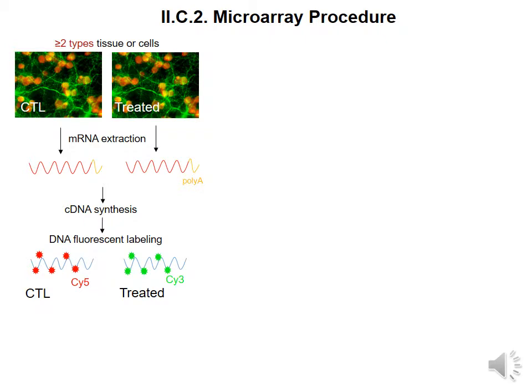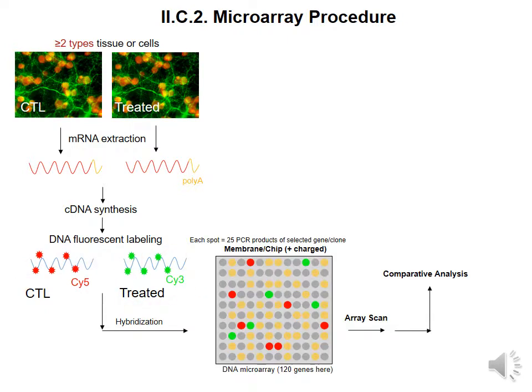Then the 2 different cDNAs will be fluorescently labeled with 2 different fluorophores. For this particular example, we labeled the control sample with a red fluorophore and the treated sample with a green fluorophore. So now we combine those 2 samples together into the same tube.